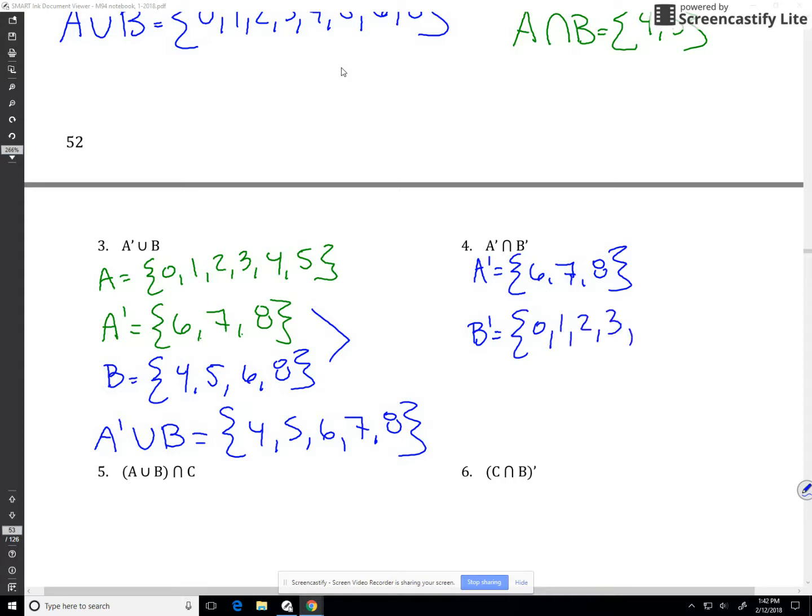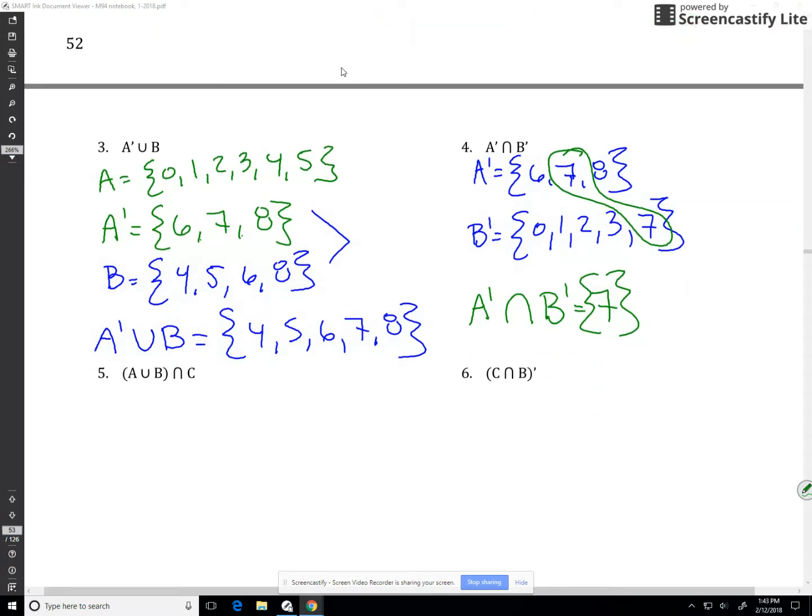Now I already have 4, 5, and 6 in B, so I'm going to list 7, but now I can't list 8 because that's in B. So now I'm looking at where do these two intersect? Well, the only value that they have in common is 7. So A complement intersect B complement is equal to 7. Now when you're listing these, you have to make sure you put them in brackets.